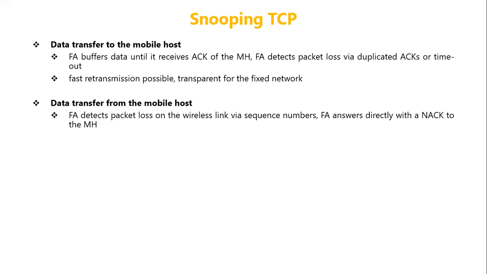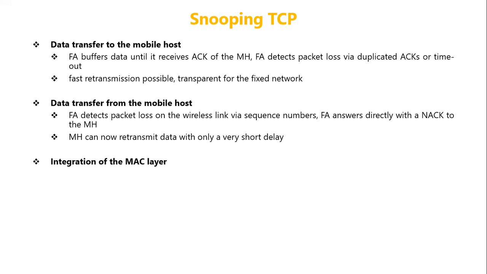Similarly, the other way, whenever there is a data transfer from the mobile host to the correspondent host, the FA detects loss on the wireless link via sequence numbers.